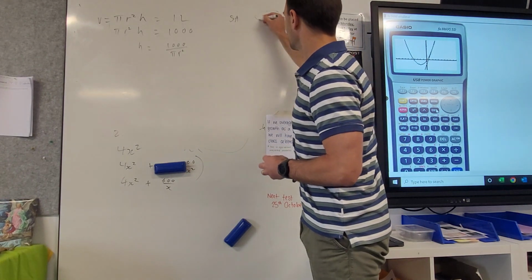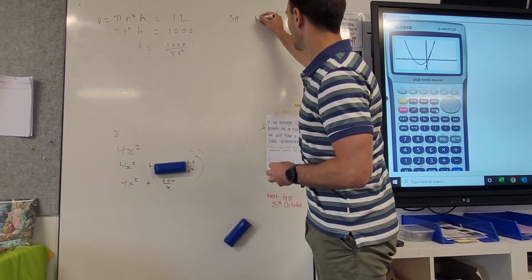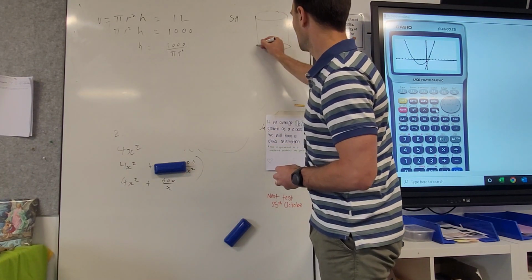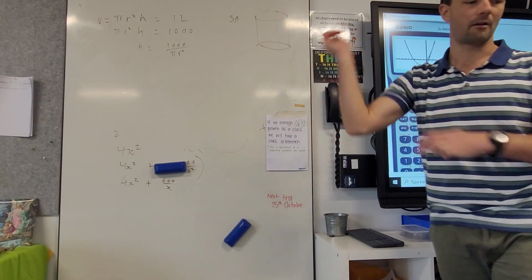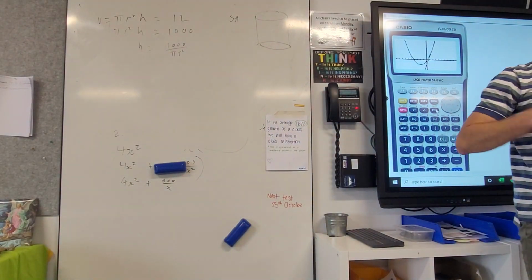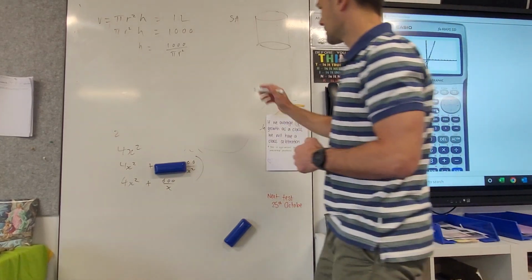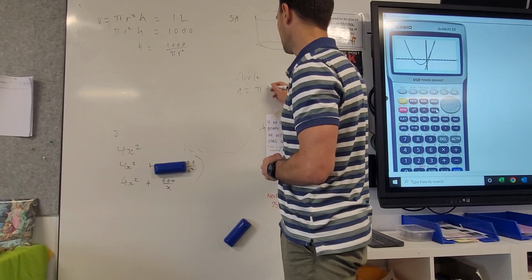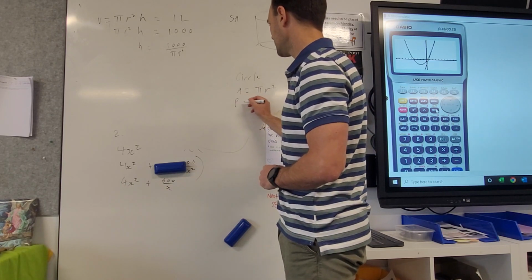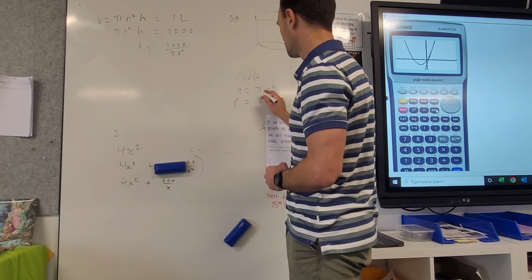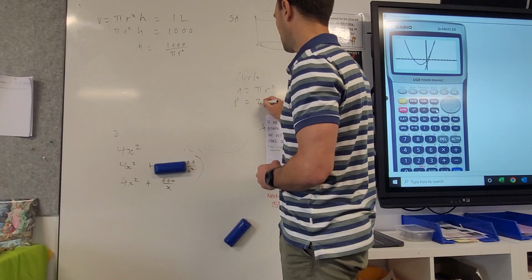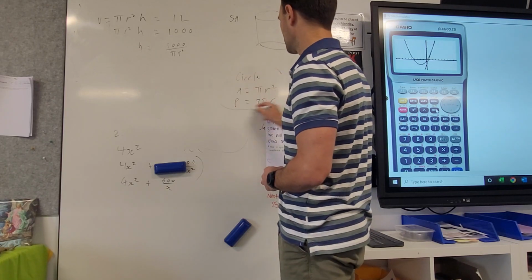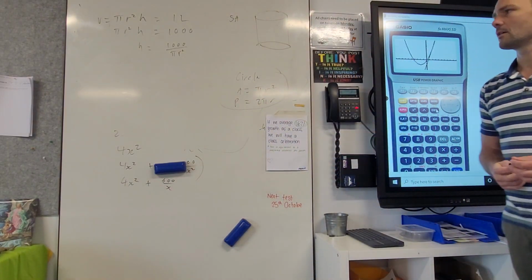Firstly, if we have a cylinder, we have the top, and then we have the bottom, and then we have the walls going the whole way around. A circle has area pi r squared, and it has perimeter or circumference 2 pi r. So they're two formulas that we're going to use to derive the surface area formula.